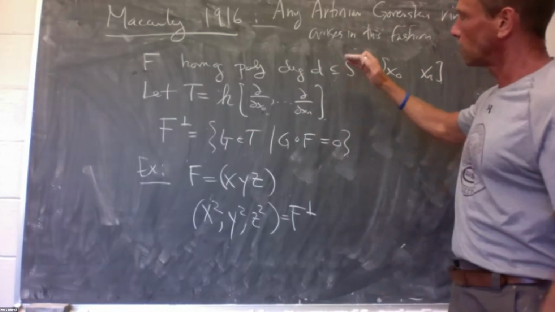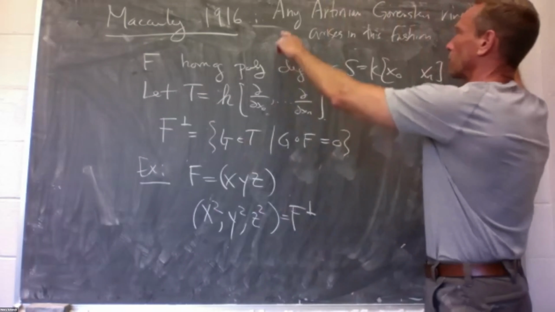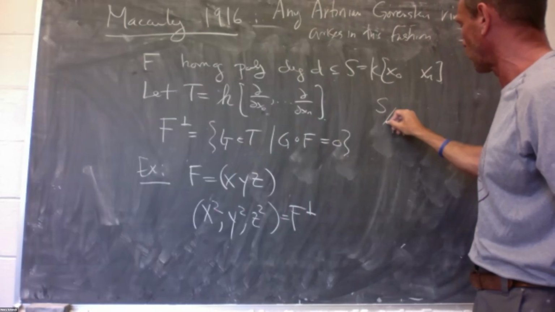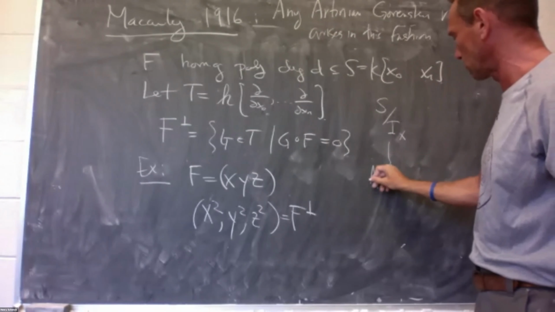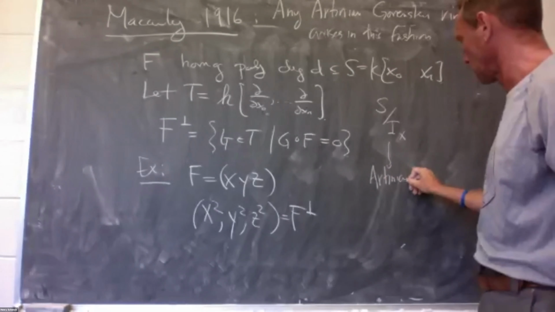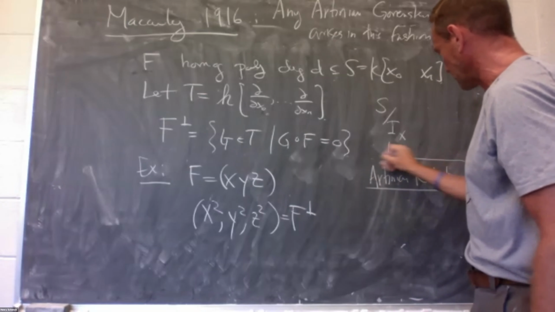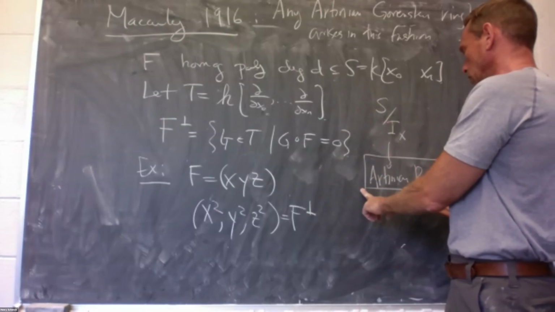So the idea is the following. Any Artinian Gorenstein ring arises this way, and if S mod I_X is the Gorenstein ring of a Calabi-Yau, we take the Artinian reduction, and we should be able to tease out properties of this from the Artinian reduction.